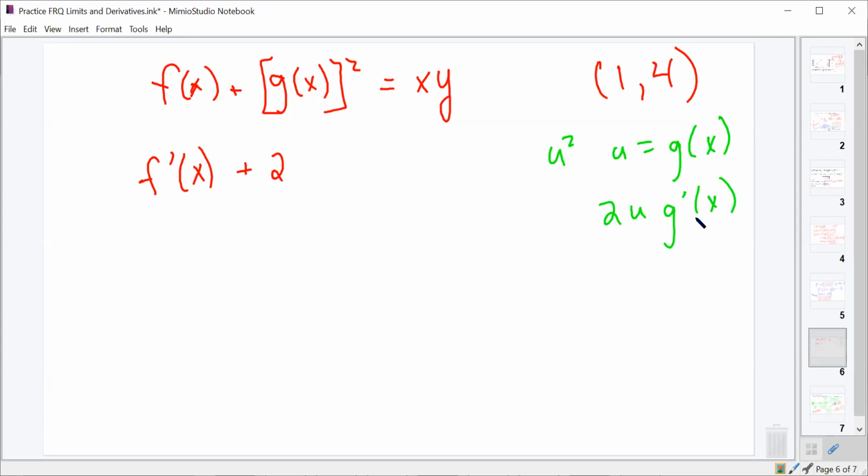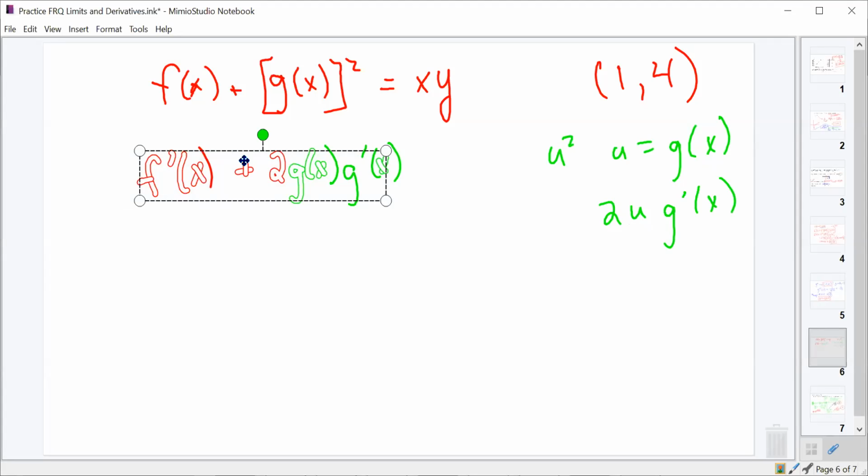Everybody see that? Yeah, so 2u, where u is g of x, so 2g of x times g prime of x. Good or no? Yeah. Okay.